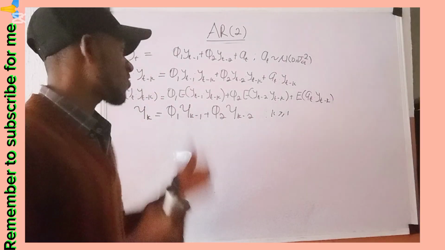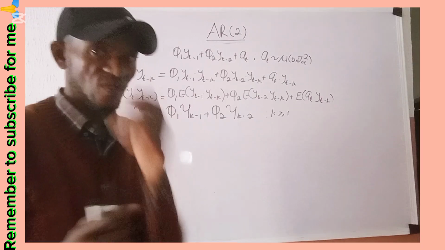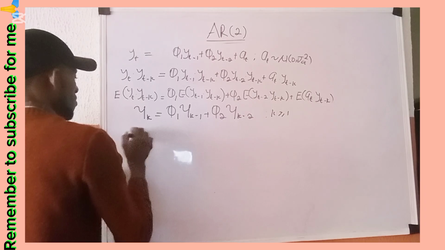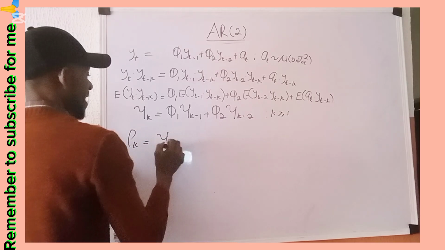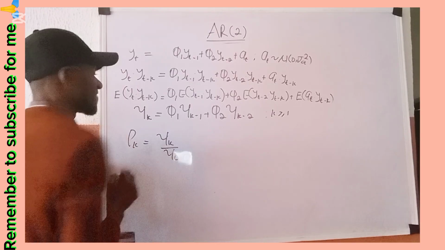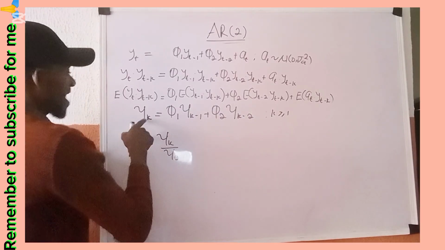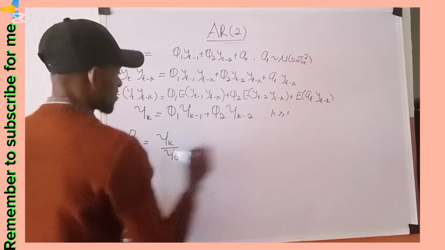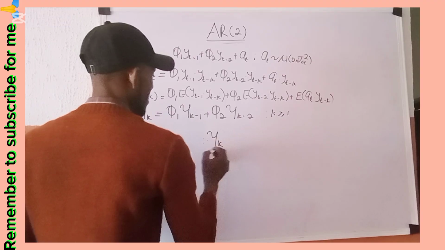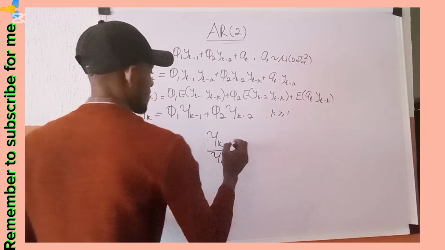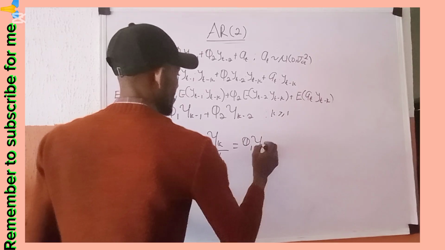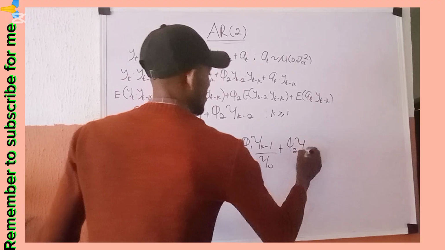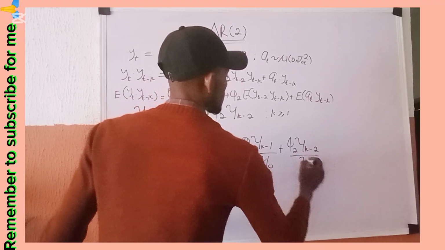This is how to get the autocovariance. How do we get the autocorrelation from this? It is simple. Like I earlier said, the autocorrelation rho k is equal to gamma k all over gamma 0. So dividing all through by gamma 0, I have gamma k over gamma 0 equals phi 1 gamma k minus 1 over gamma 0 plus phi 2 gamma k minus 2 over gamma 0.